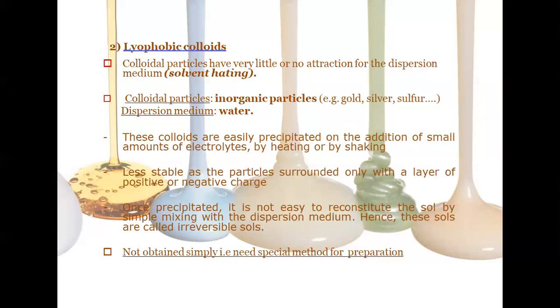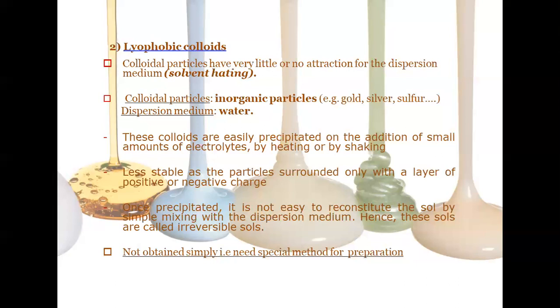Stabilizing agents such as surface active agents are added to prevent the reunion of the dispersed particles. So these are the methods of preparation. First point was the dispersion methods: milling process, peptization process, electric arc method, and ultrasonic treatment.